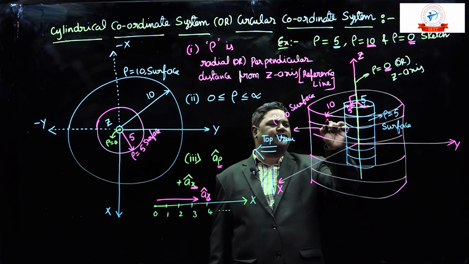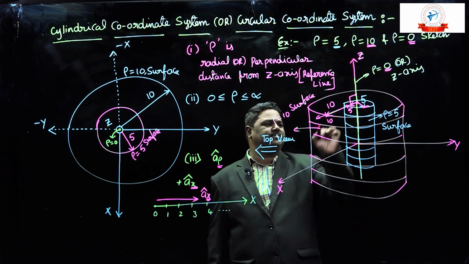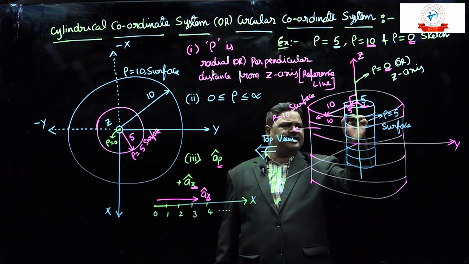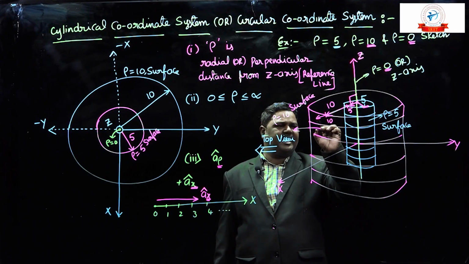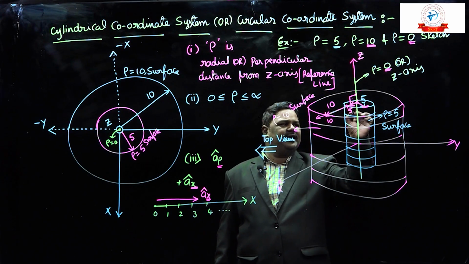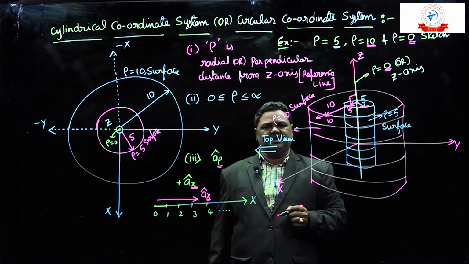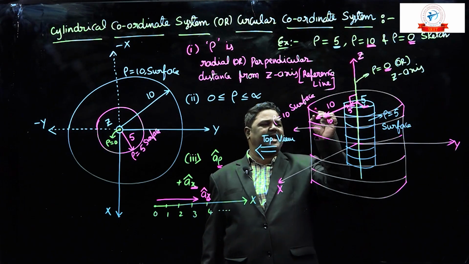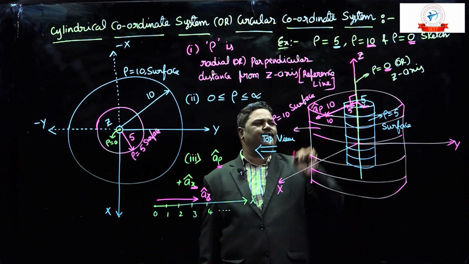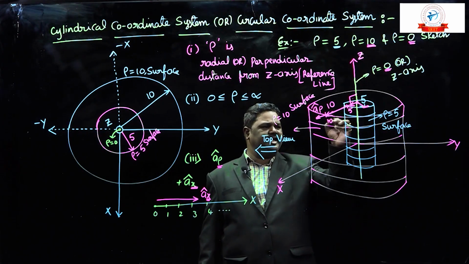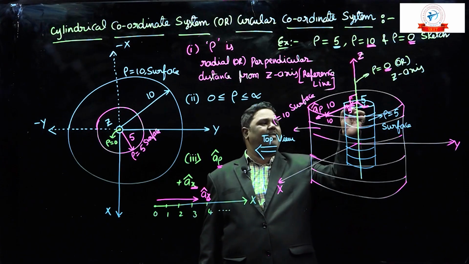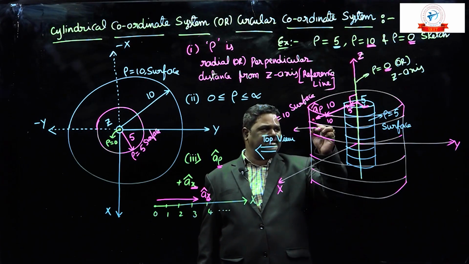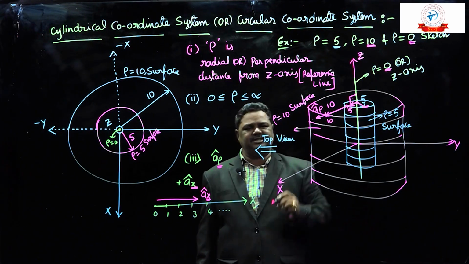Again, when rho increases to 10, it is moving in this direction. Whenever you observe this direction, you know that this is the direction perpendicularly away from the z-axis, or radially away from the z-axis. This direction is the a-rho cap direction. This is the increasing rho direction. So the increasing rho direction is nothing but perpendicularly away from the z-axis, or radially away from the z-axis.